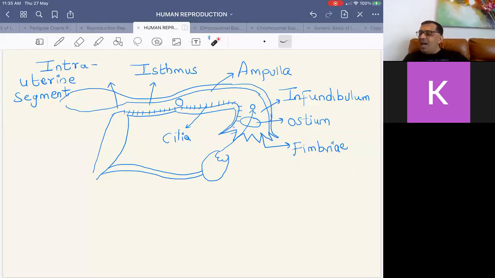The entire fallopian tube has delicate finger-like processes which are called cilia. You remember, the vasa efferentia had ciliary cells.